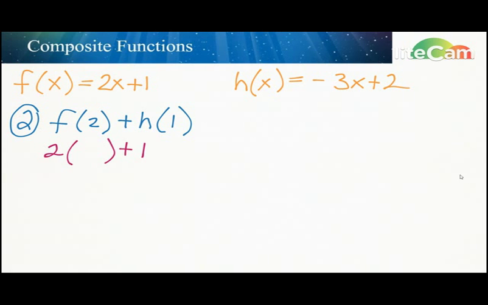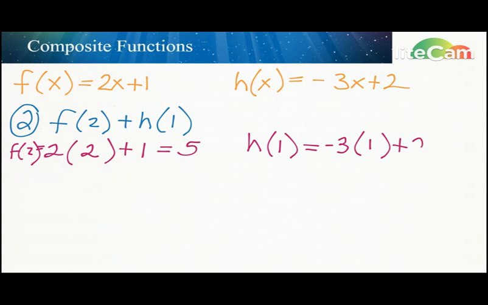So I'm going to put the 2 in for the x. I'm going to get 2 times 2 is 4 plus 1 is 5. Okay, so that was f of 2. Okay, h of 1 equals -3 times 1 plus 2.